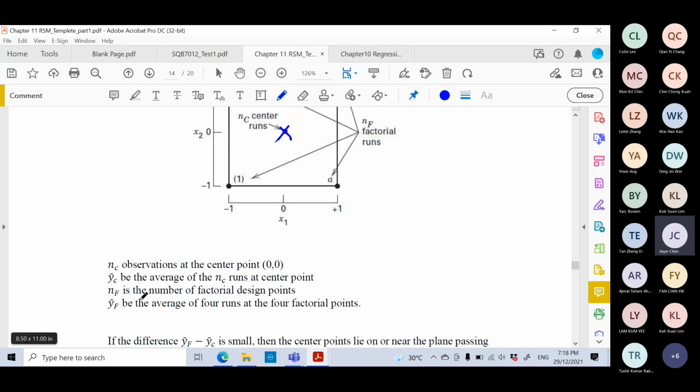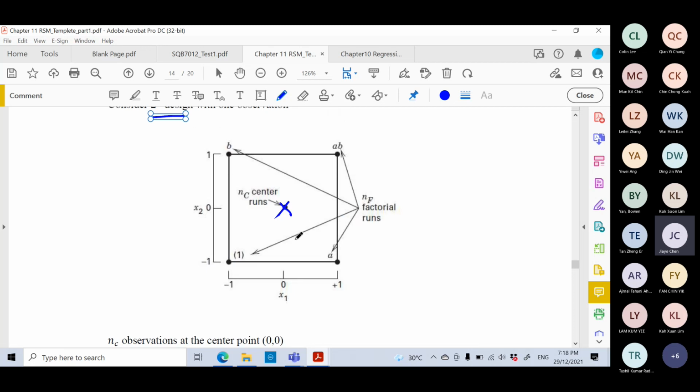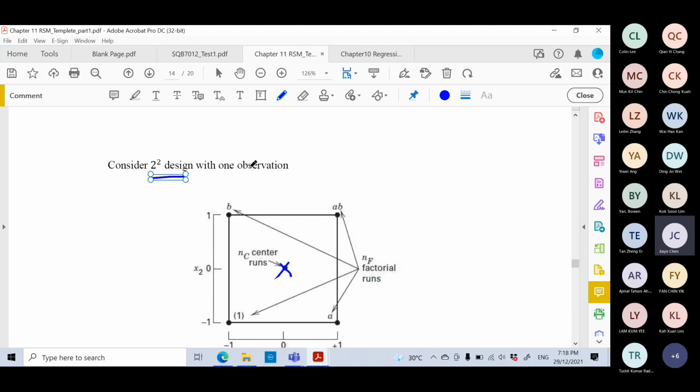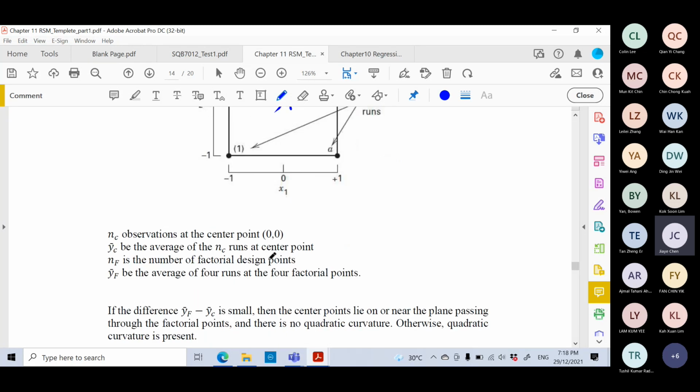The NF here is the number of factorial points. In this case, because we deal with only a single replicate, you have 4 factorial points, so NF will be equal to 4 in this particular case. Y bar F means the average value of the 4 runs at the 4 factorial points.